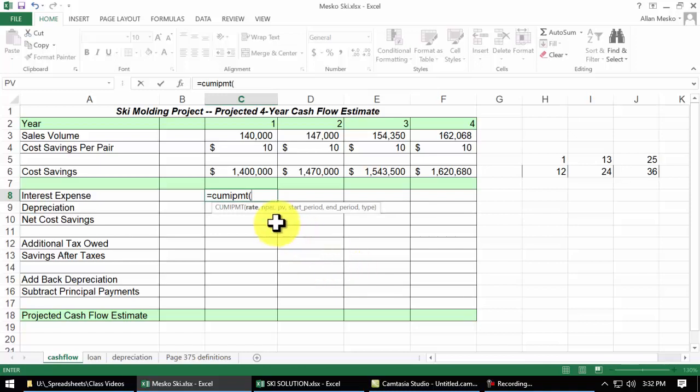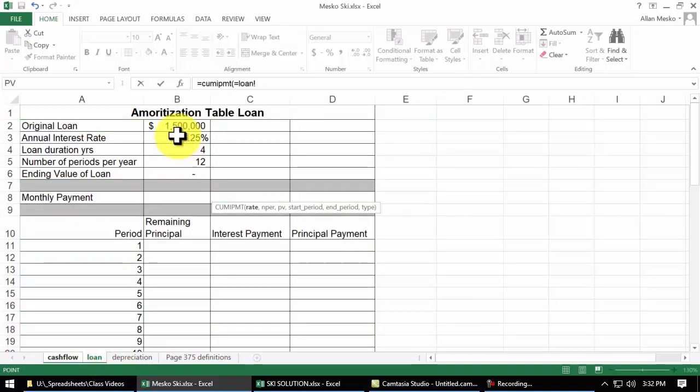The first thing, we want to know the rate. What is our rate? We are borrowing the money at 5.25% interest, aren't we? So that equals this thing right here, doesn't it? And I'm going to make that absolute, because I want that to stay the same all the way across the board.